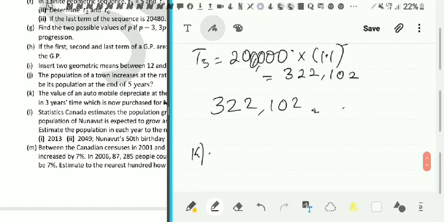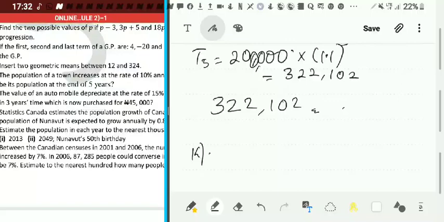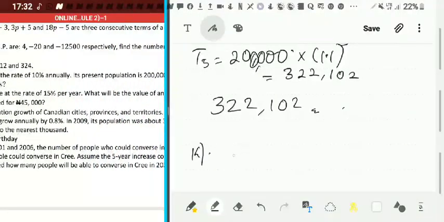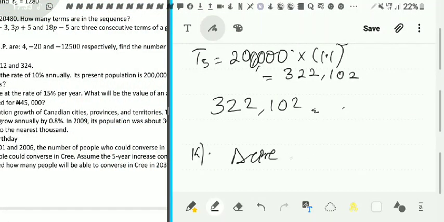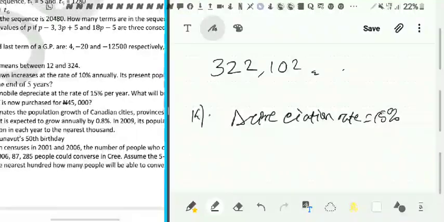Solving for K, L and M will not be difficult now because we already know how to model this. The value of an automobile depreciates at the rate of 15% per year. So the depreciation rate is 15%. When something is depreciating, it means the value is going down.